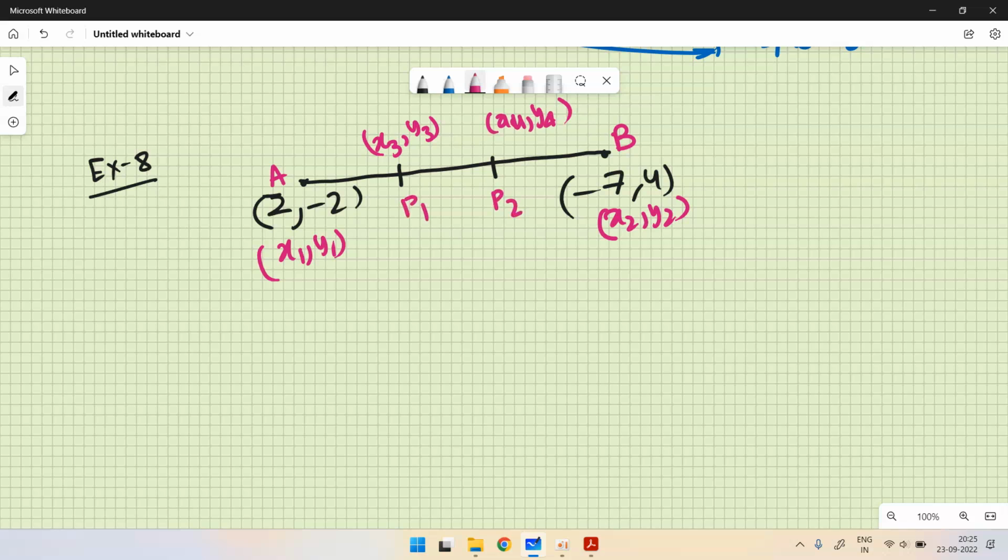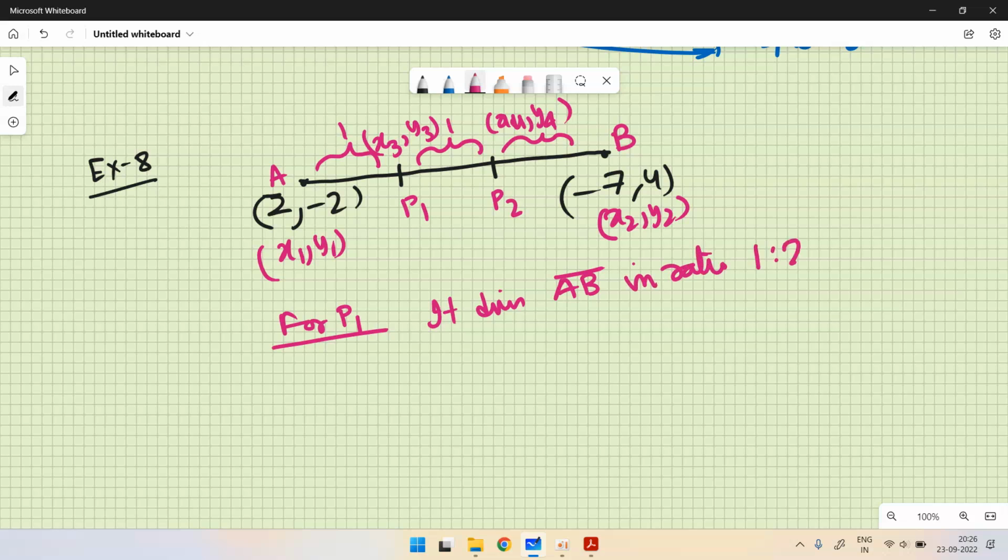Now this is one part, this is also one part, this is also one part. From the diagram, for P1, considering only P1, it divides AB in the ratio 1 is to 2.